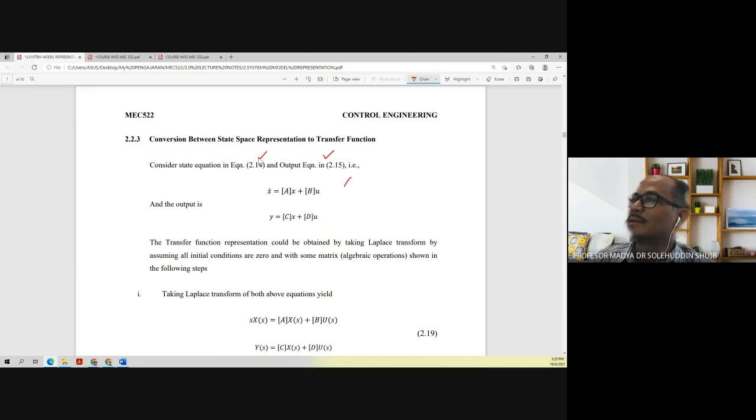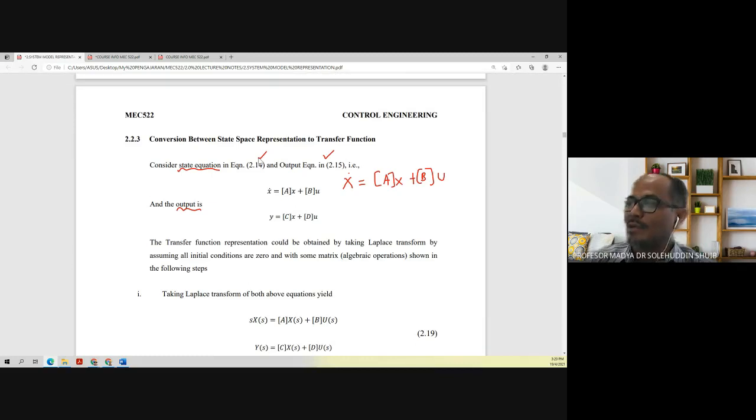So for the state equation we have x dot equals A x plus B u. This is the state equation, and then we also have the output equation, y equals C x plus D u.